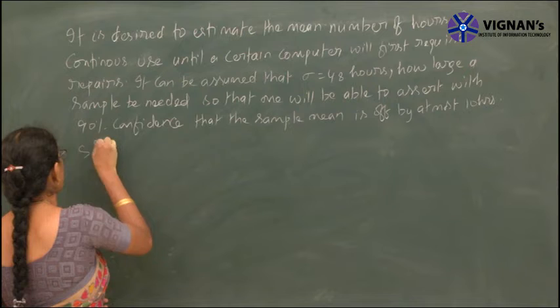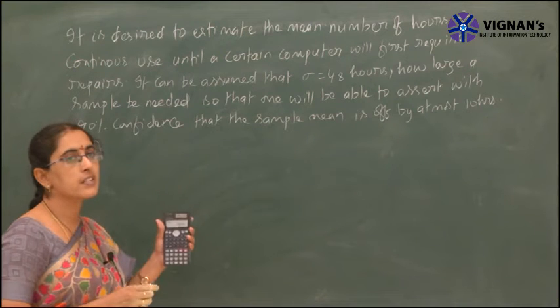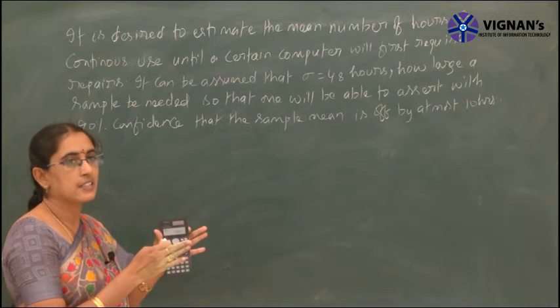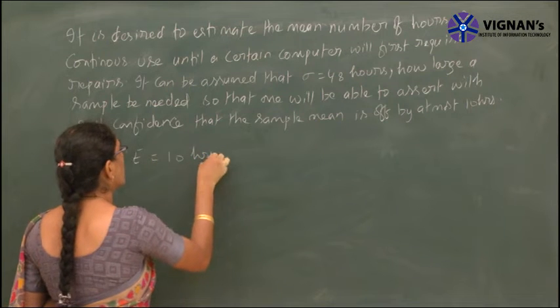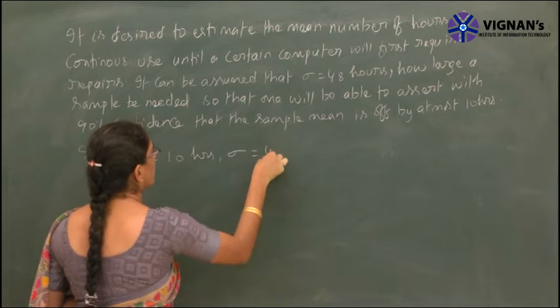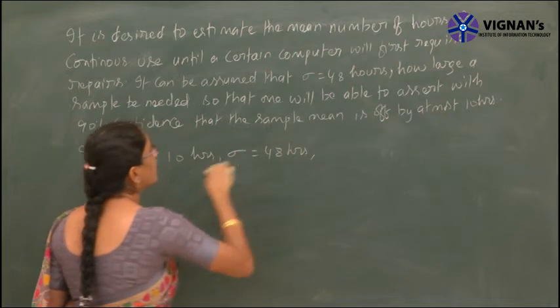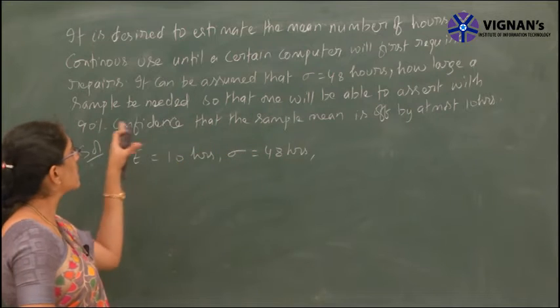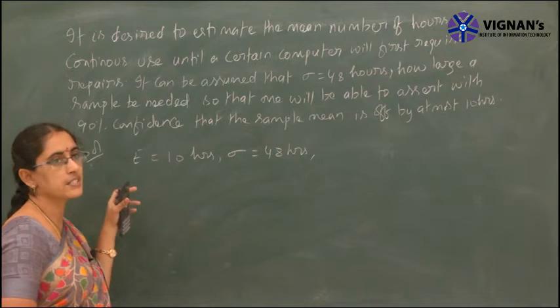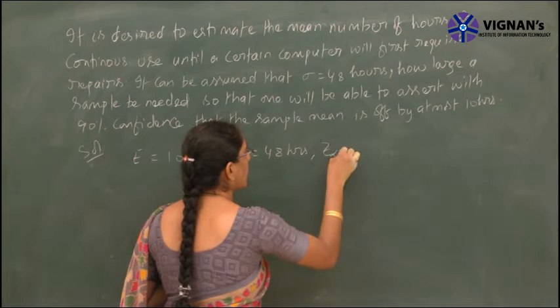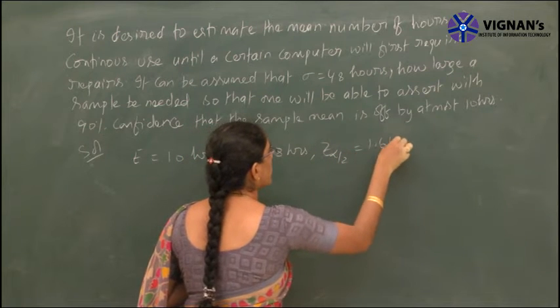So the sample mean is off by at most means here the limit of that error is given. So that means here error is 10 hours and sigma is given as here 48 hours, and how large a sample be needed so that one will be able to assert with 90% confidence. So Z alpha by 2 is 1.645.